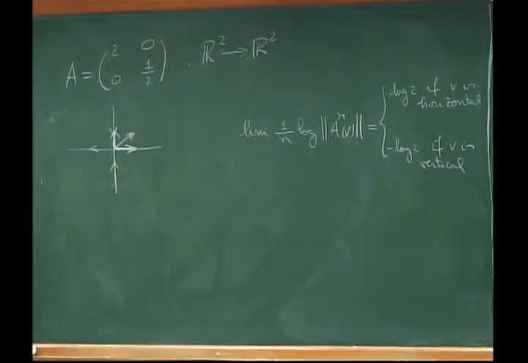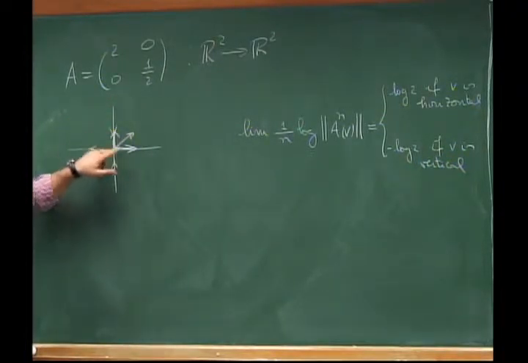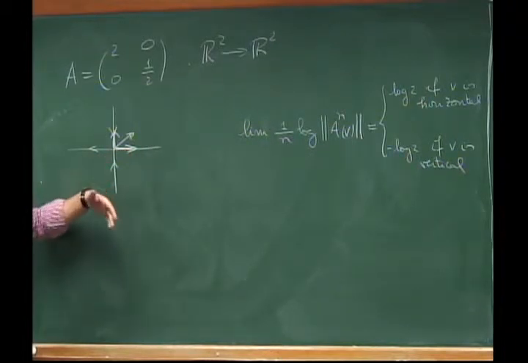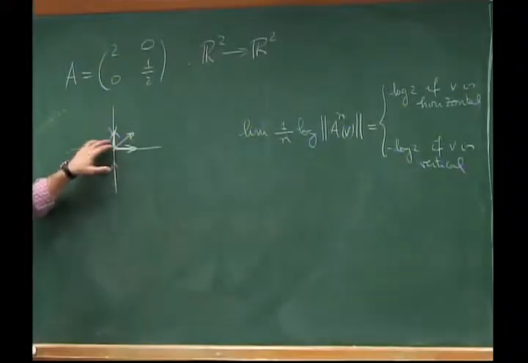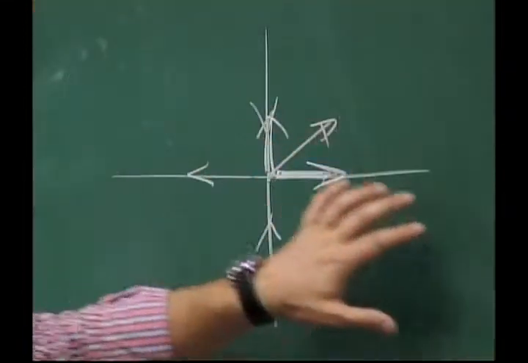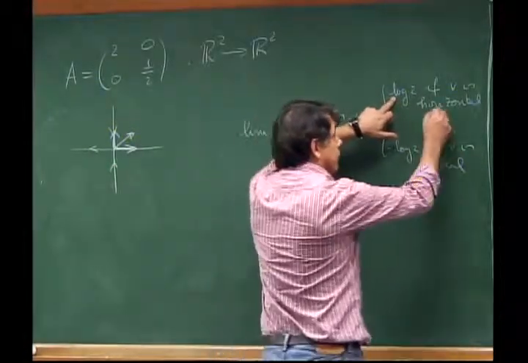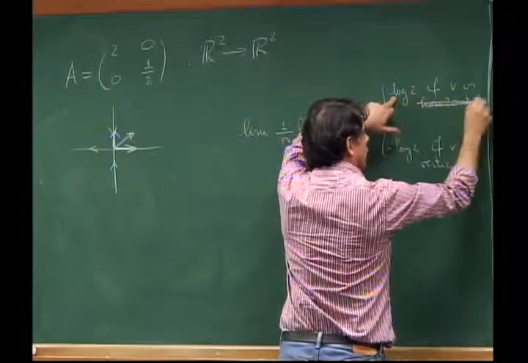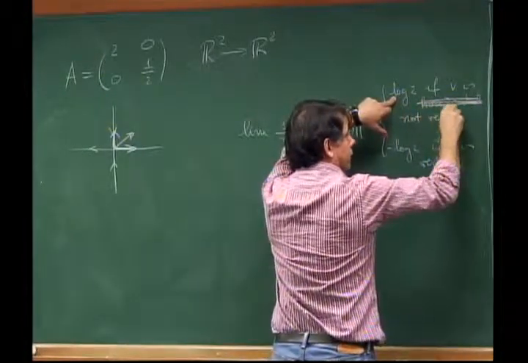It's not in between. For the other vectors, as you iterate, their vertical component goes to 0, their horizontal component grows, and the largest component determines what happens to the vector. So for any other vector, the rate of growth is still log 2. So I'm going to erase this, and I'm going to write not vertical.